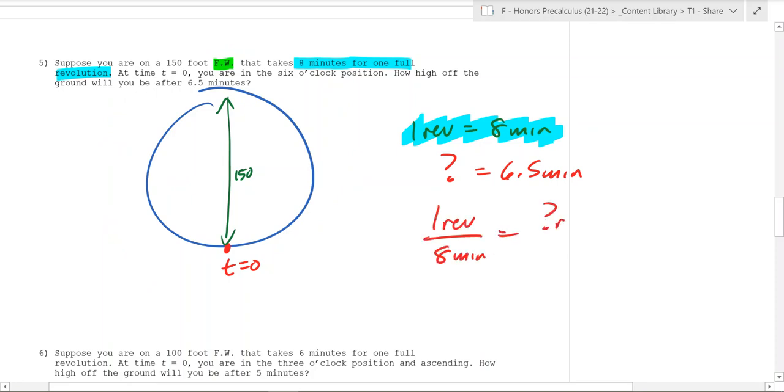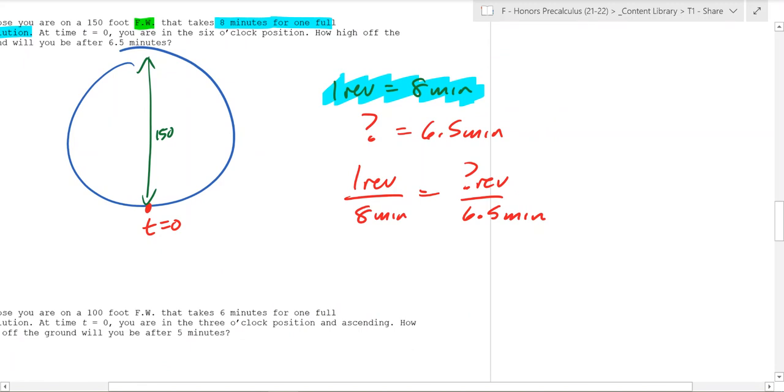How much of a revolution is 6.5 minutes? How are we going to go about doing that? Well, we can cross multiply here. We know that this times 8 minutes is going to equal, I'm just cross multiplying here, 1 revolution times 6.5 minutes.